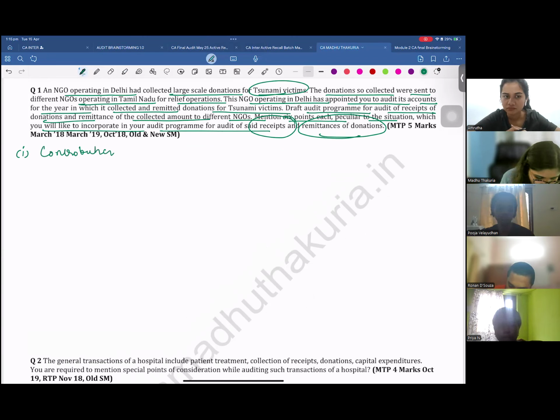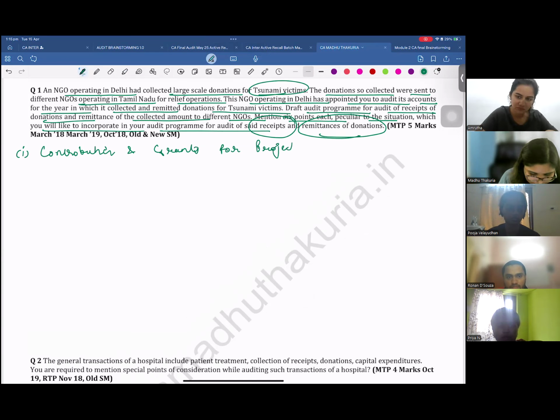Contributions and grants for projects and programs.